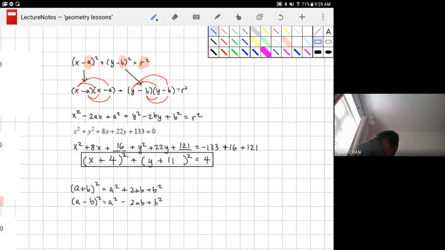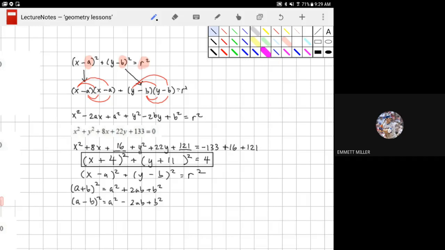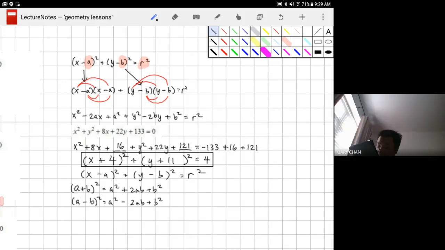Again, the equation of a circle is x minus a, y minus b, quantity, equal to r squared. What's the center of the circle, guys? Negative 4, negative 11. And what's the radius? 2. That's all it is.